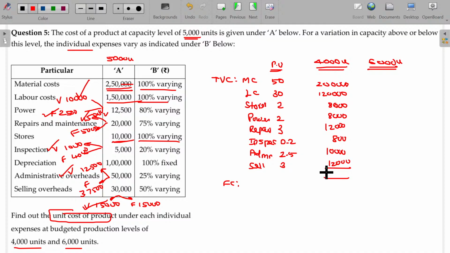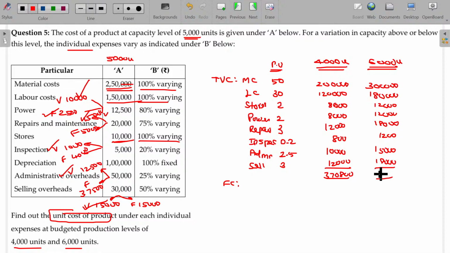Three lakhs 70,800. And for 6,000 units, 3 lakhs, 1 lakh 80,000, 12,000, 18,000, 1,200, 15,000, 18,000.